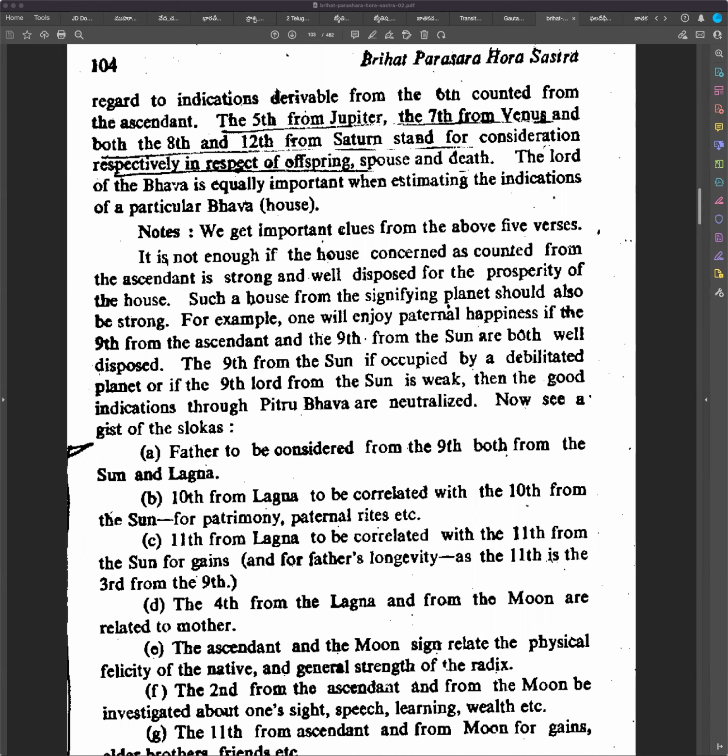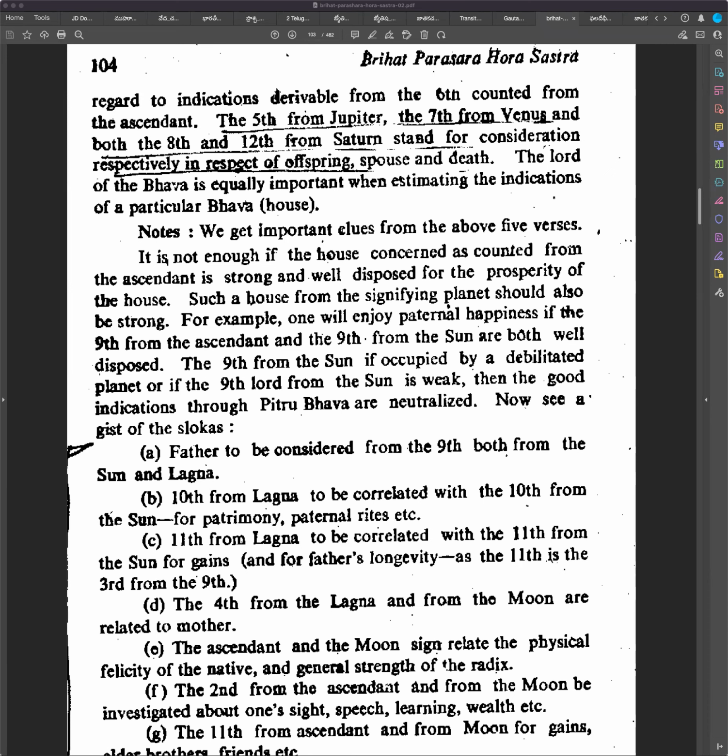So, not only the ninth house from the ascendant, but also we need to check from the Sun. For the Moon, he mentioned the 4th house. From the ascendant, see the 4th house, and also from the Moon, we need to see the 4th house. And the 8th and 12th from the ascendant, and also need to check from Saturn.